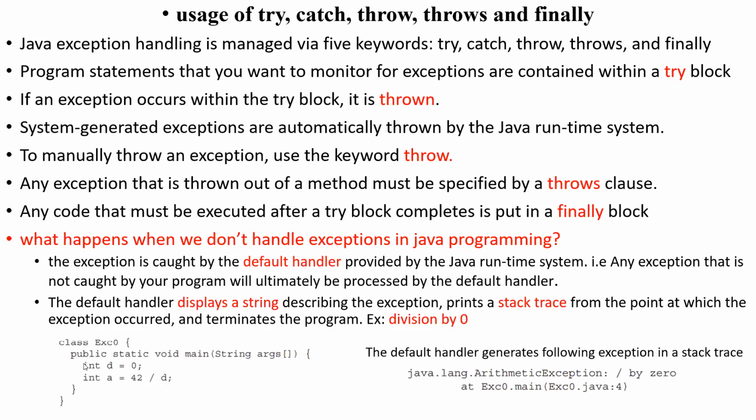The stack trace contains the information about that exception. At the bottom of the stack it stores in which class and which method that exception was generated. The method name is exe0, in the main method, and the exception is at the fourth line.